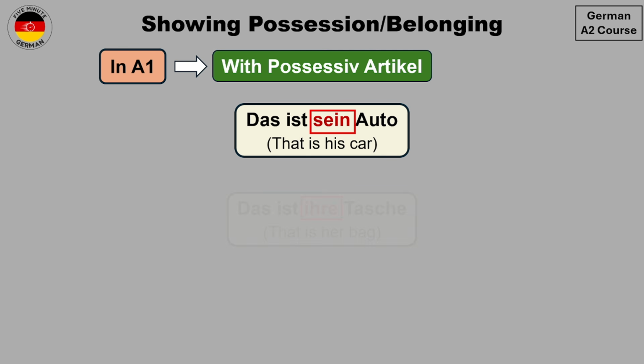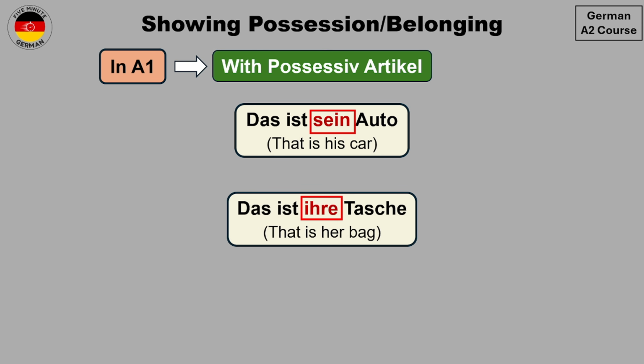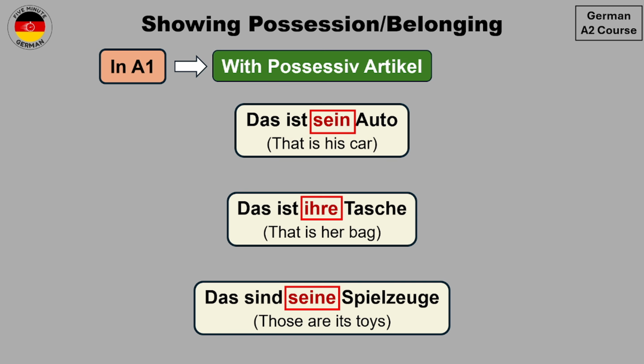So we have the sentence, das ist ihre Tasche, that is her bag. So over here, ihre is the possessive article which means her and shows possession. Let's take one more example. So we have the sentence, das sind seine Spielzeuge, which can be translated as those are its toys. So over here you see that seine is the possessive article.